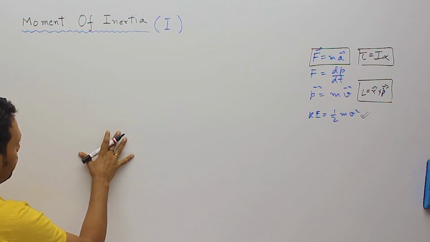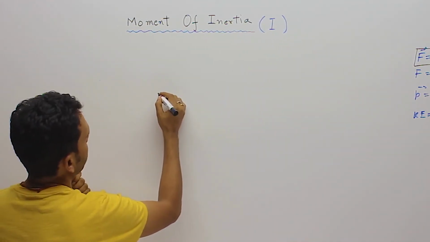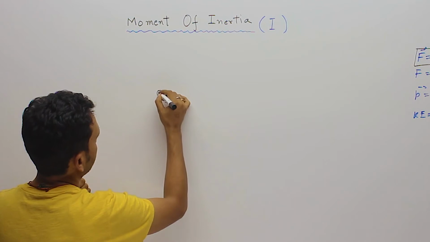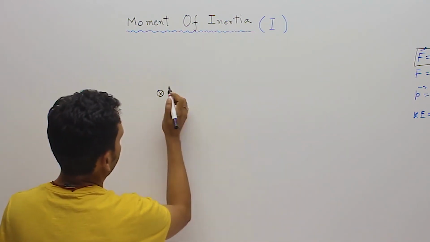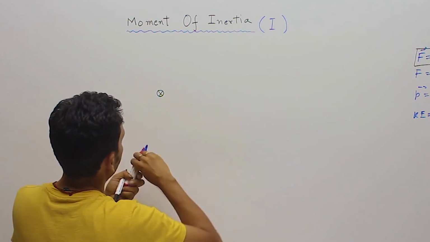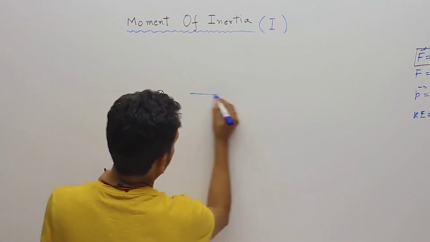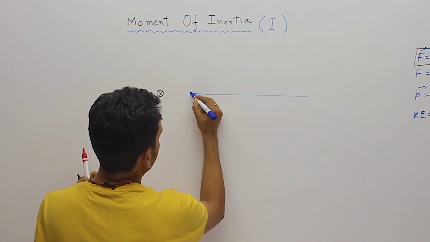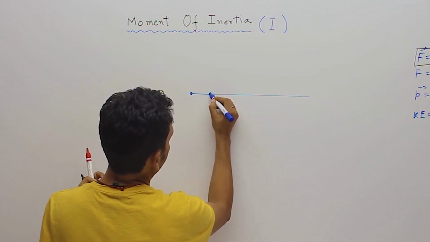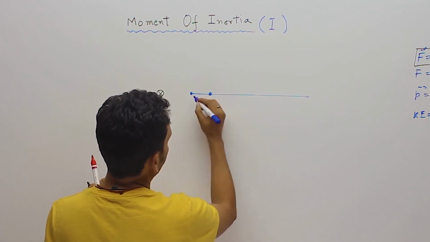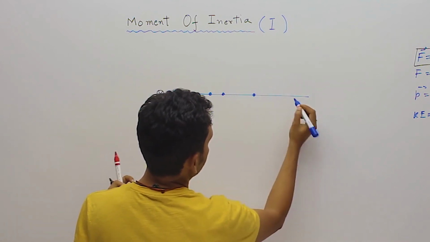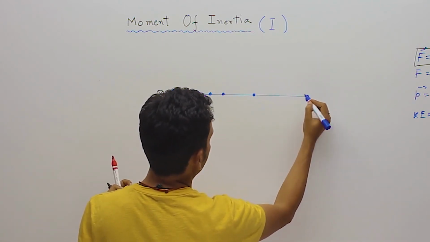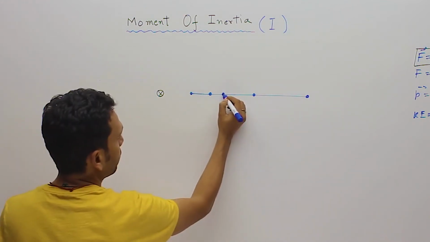Let me take up a situation where, say, you have a point of rotation and you have a rod. Instead of taking a continuous mass, let me again take a rod which is a light rod, and it has many beads at random separation, may not be the same separation, many of them.